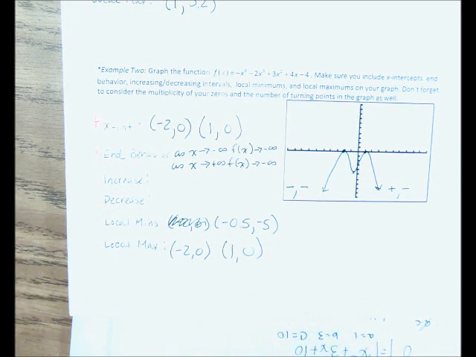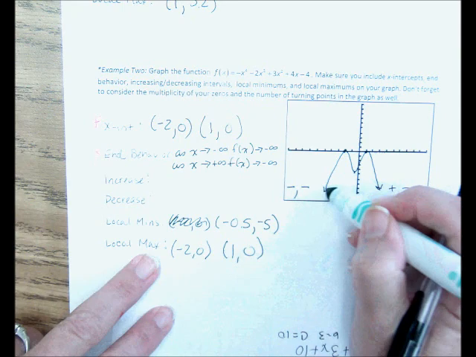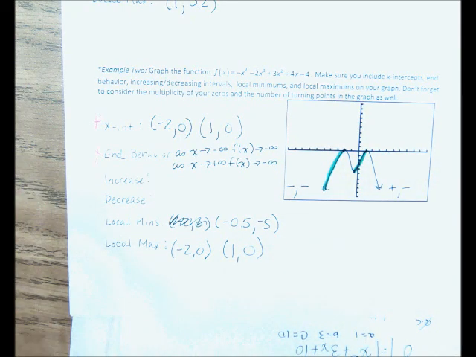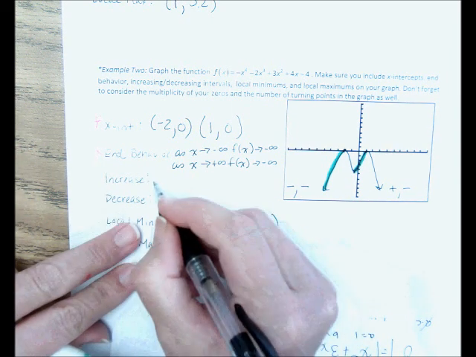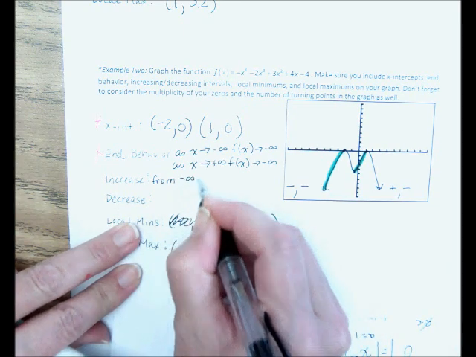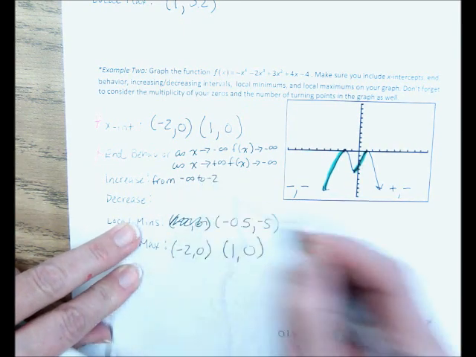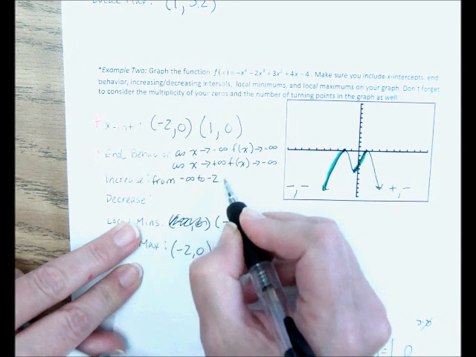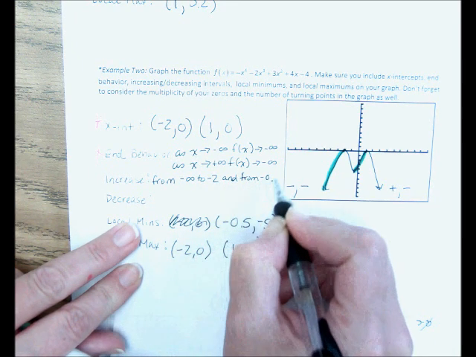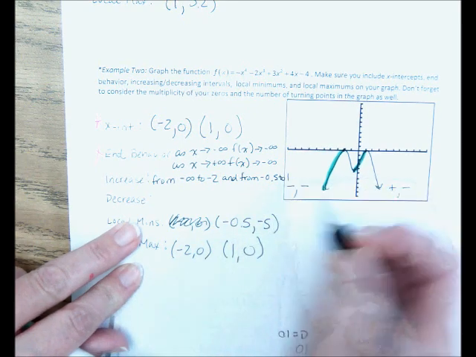Now we have to find our points of increase. And again, I'm going to do my increase as green, and I'm going to do my decrease as red. So it's increasing from my x value of negative infinity to negative 2, and then again from negative 0.5 to 1.